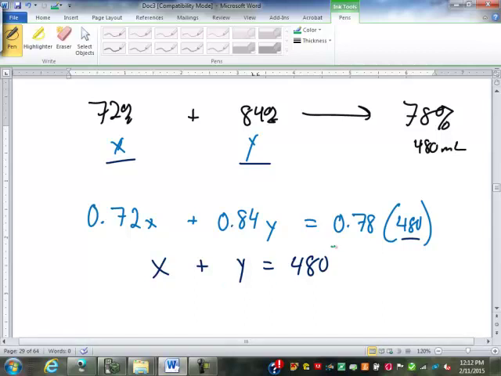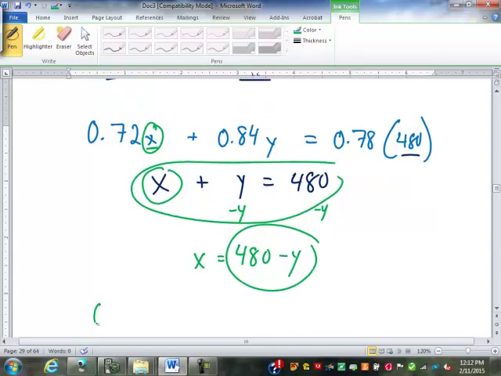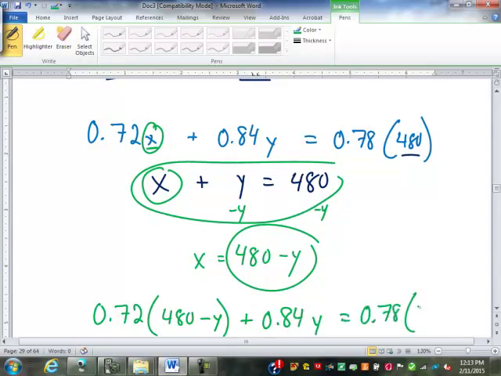To do that, I'm going to solve this second equation here for x. I'm going to subtract y to give us x equals 480 minus y. So now I'm going to replace x in my equation up here with 480 minus y. So 0.72 times 480 minus y plus 0.84y equals 0.78 times 480.